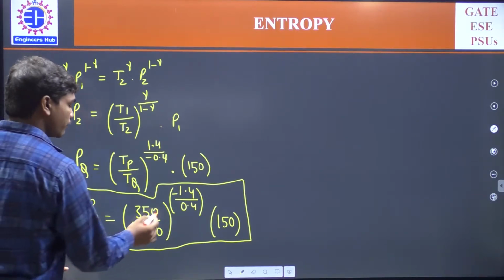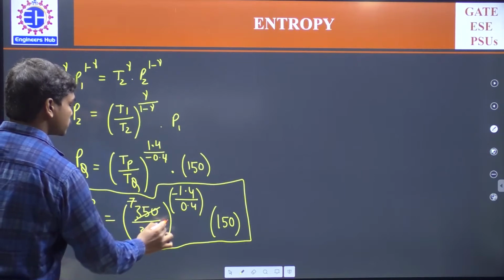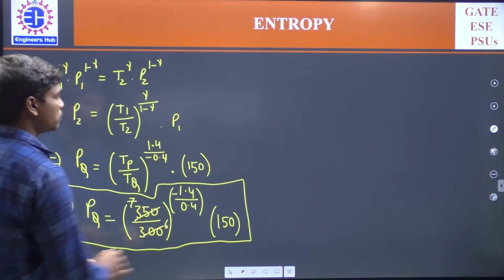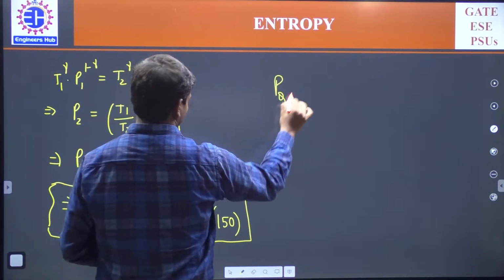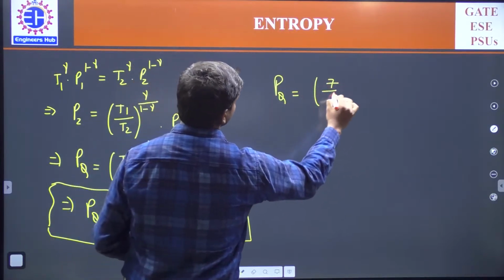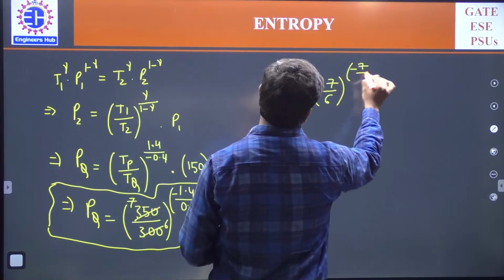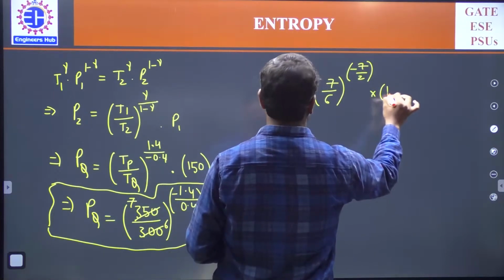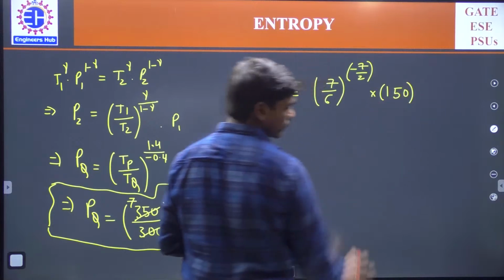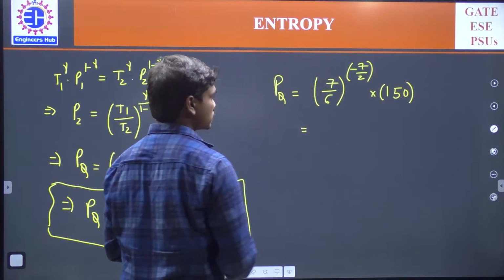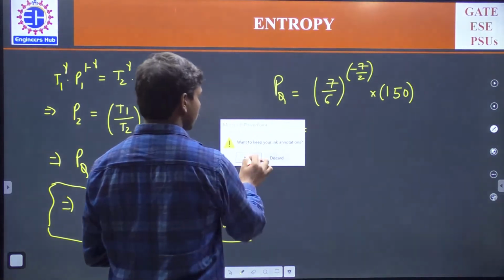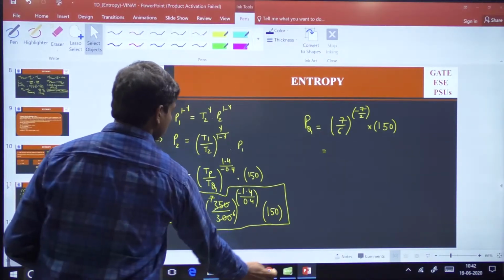If you cancel 50, this is 7 times, this is 6 times. So PQ is equal to 7 by 6 whole power minus 7 by 2, into 150. So please calculate this value and tell me what could be the answer. Let me calculate 7 by 6 on the calculator.